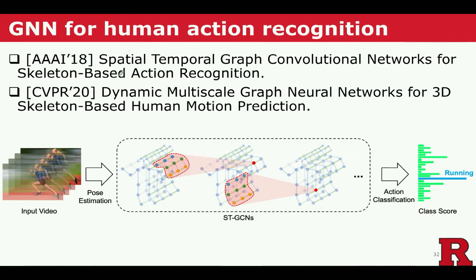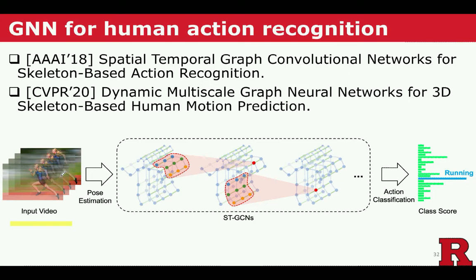Moreover, GNNs can benefit many complex computer vision tasks, for example, human action recognition. This task aims to predict the action type of a person in a video. For example, for this input video, the action type is basically running.